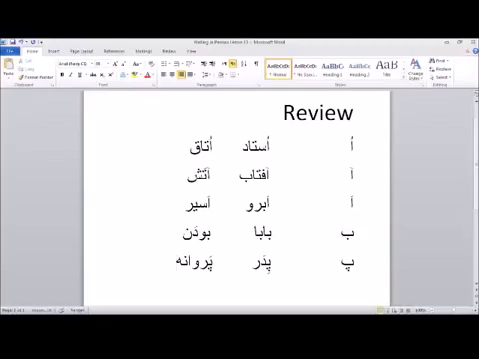We had T with 2 dots. An example would be tab, T, B, tab. And we had, let's say, tar, T, a, r, tar. Tar means wet.